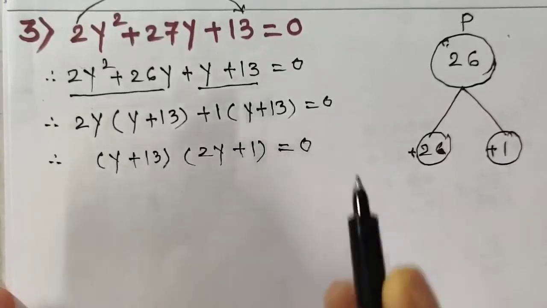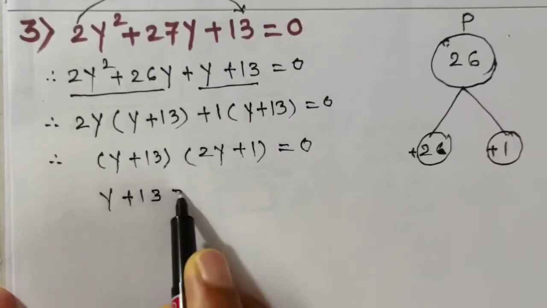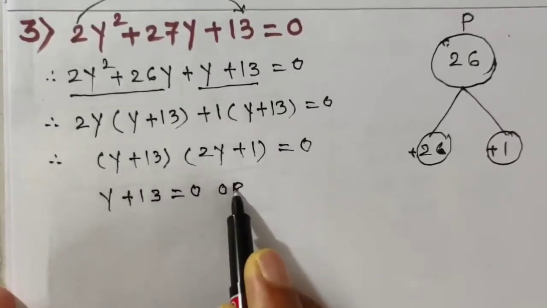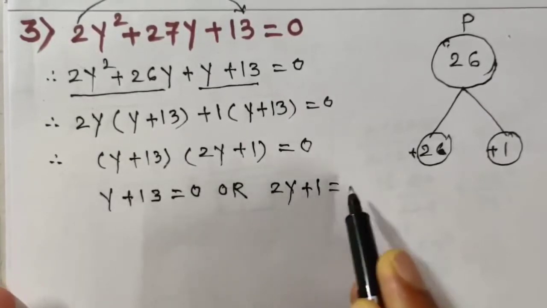Is equal to 0. So either first factor y plus 13 is equal to 0, or this 2y plus 1 is equal to 0.